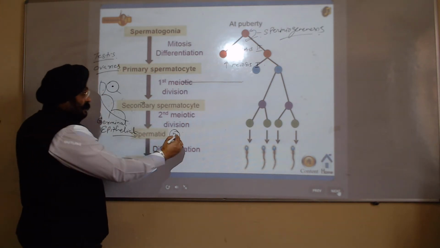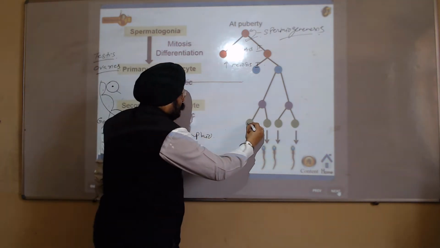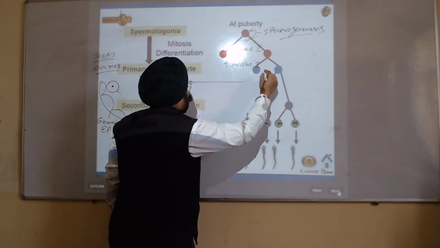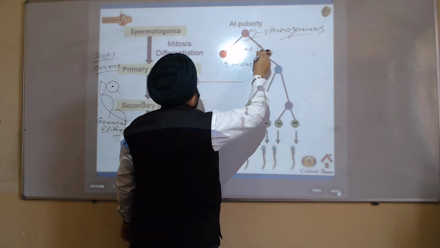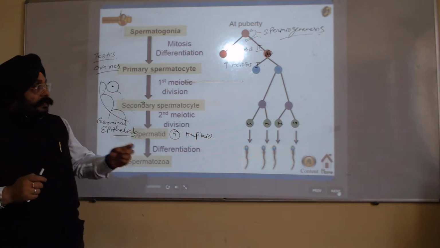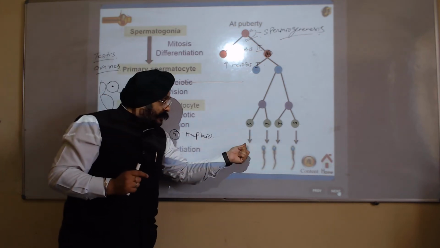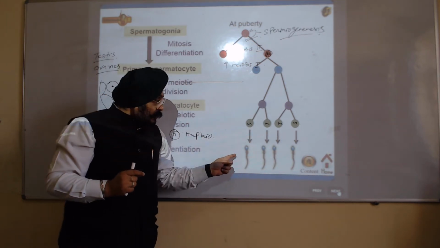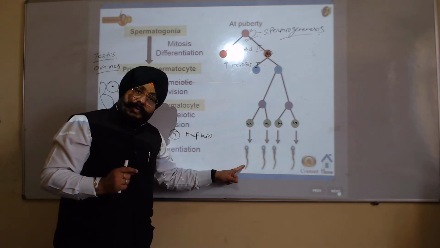Now remember, the spermatid cells are haploid. You can see these haploid cells, 4 cells from a single primary spermatocyte. How many cells are formed? 4 cells. Now these 4 cells undergo differentiation. You can see there is a change in the structure. The head is formed, the middle piece is formed, the tail is formed.